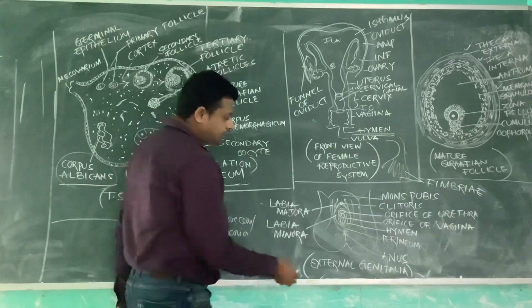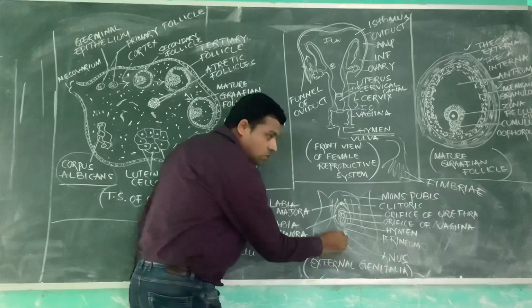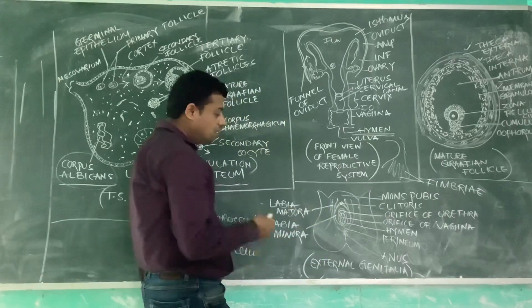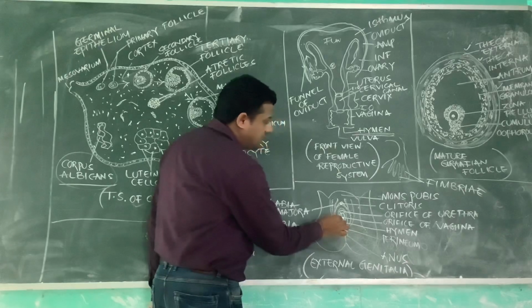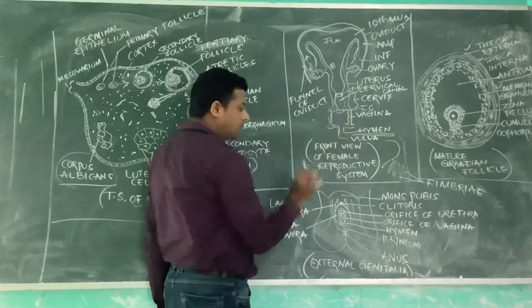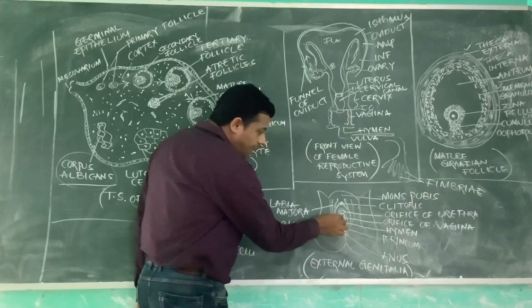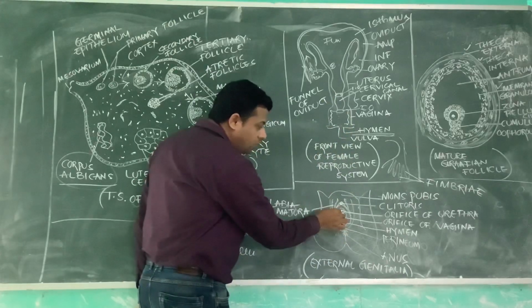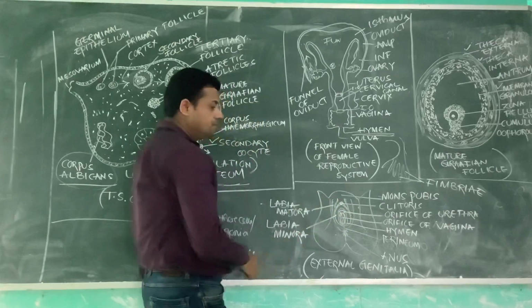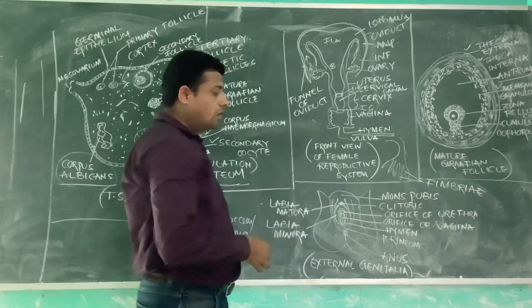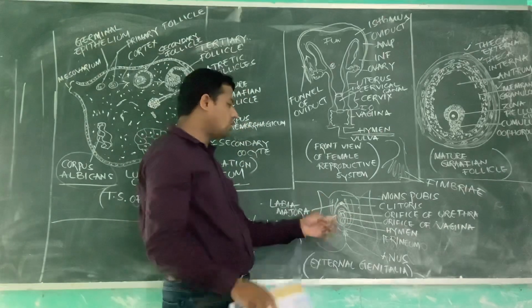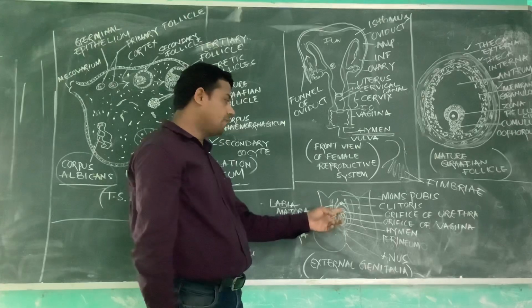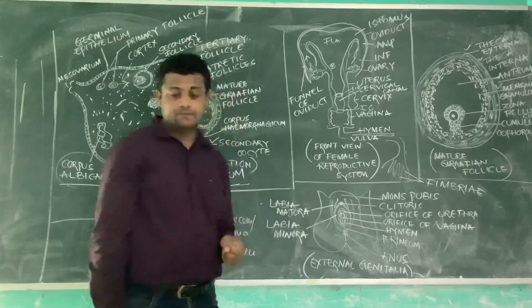This opening is the anus, the opening of the digestive tube. This is the orifice of the vagina, the opening of the female reproductive system. Above it is another opening, the urethral orifice or urethral aperture, which is present above the orifice of the vagina for the release of urine.